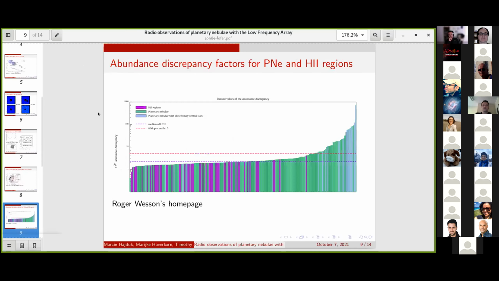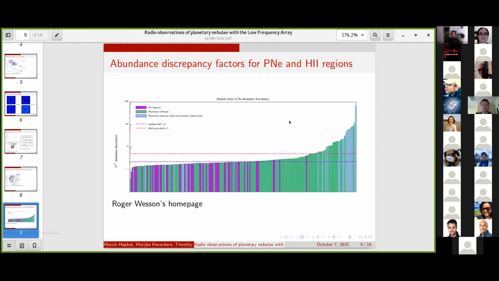And also, if you compare abundances from collisionally excited lines and recombination lines, the abundances derived from recombination lines are higher. Usually the median, I guess, is around two times higher, but there are some extreme cases in which recombination lines give 100 or more times higher abundances than collisionally excited lines.